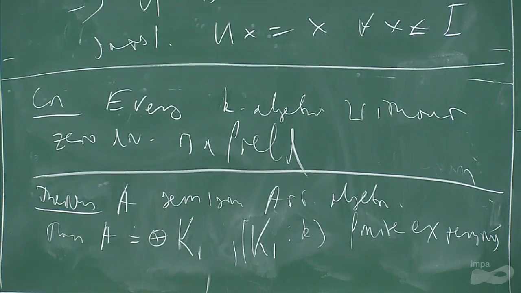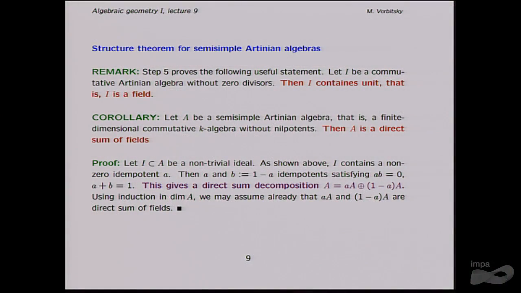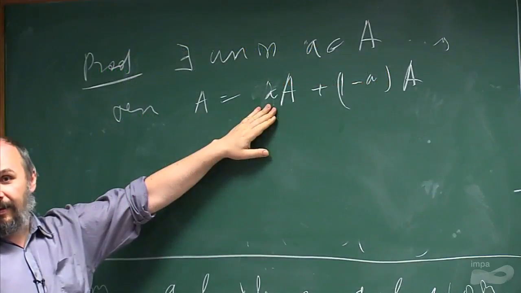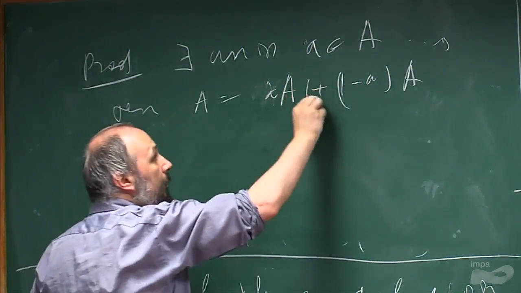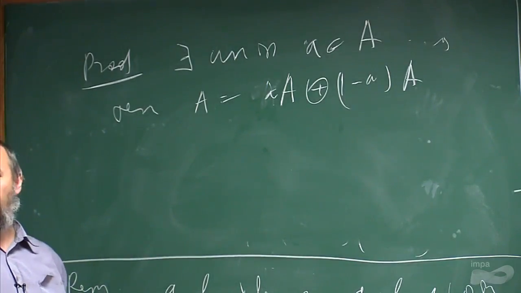So proof. There exists an idempotent, say a, inside this big A. Then A is a direct sum: aA plus (1 minus a)A. They are both non-zero subalgebras, it's a direct sum, and they're of smaller dimension.